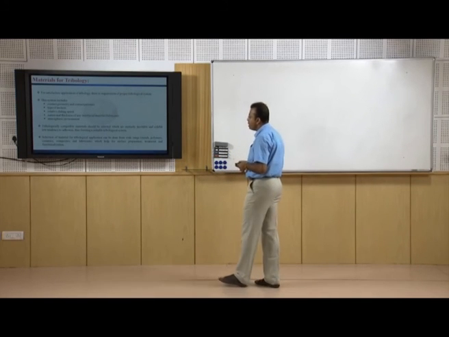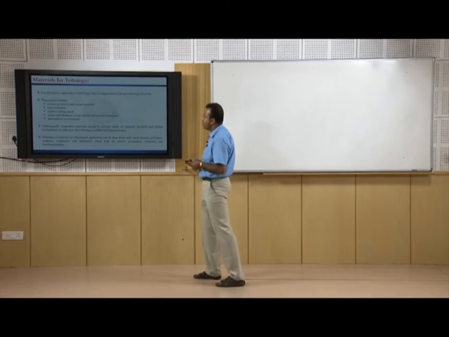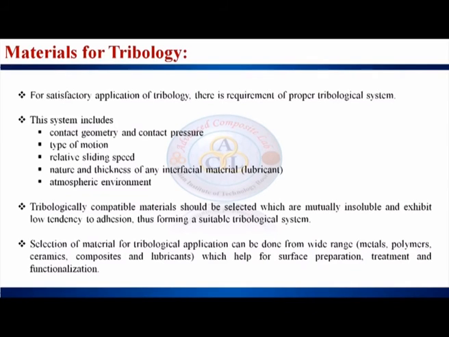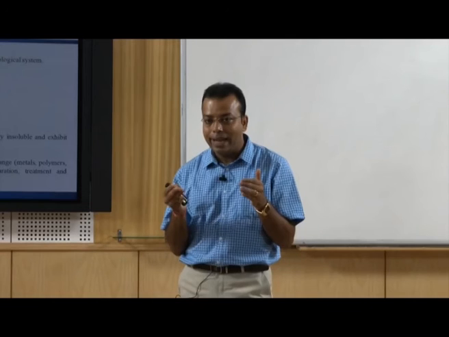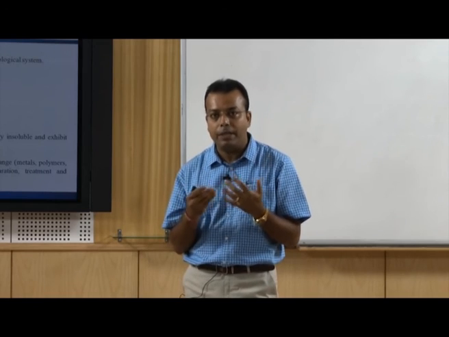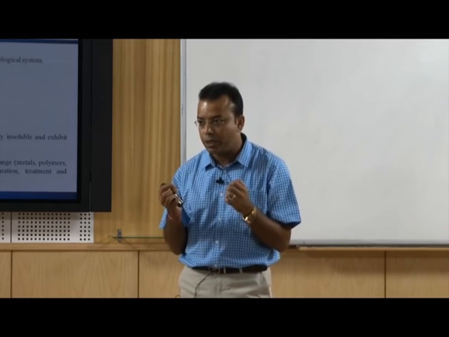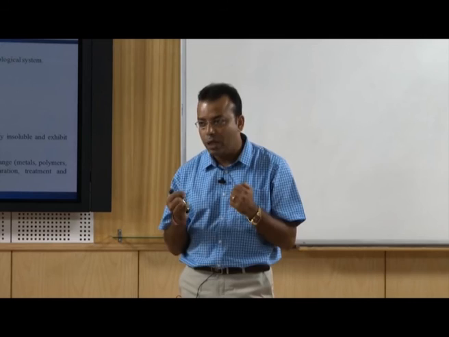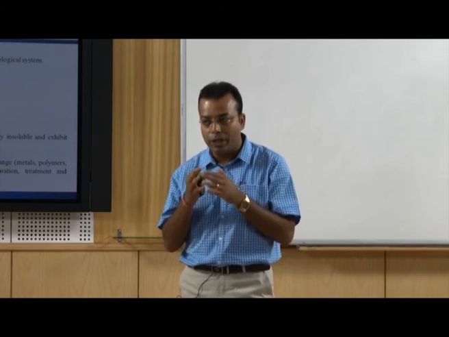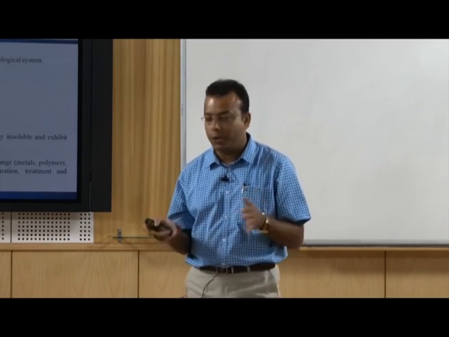Then what are the materials of tribology? For satisfactory applications of tribology, there is a requirement for proper tribological systems. We can use any type of material, but that material should have the capability to generate less friction and less heat, so that the material properties will not diminish.